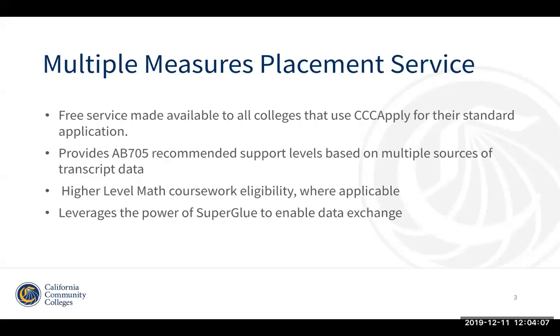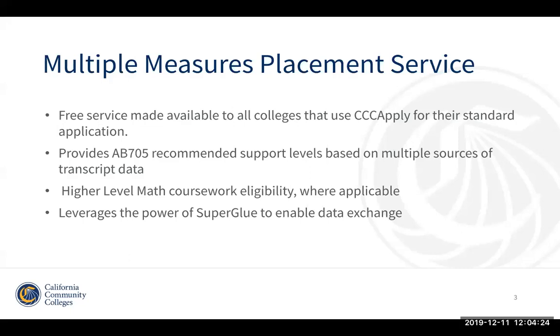MMPS is a free service that's made available to all colleges who are using CCC Apply for their standard application. The submission of an application in CCC Apply is what triggers all of our workflows.